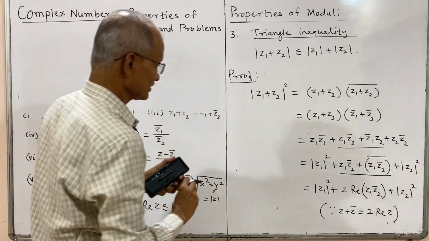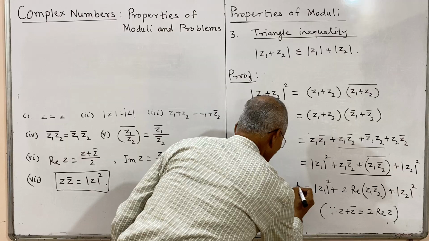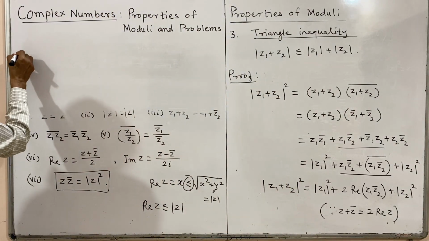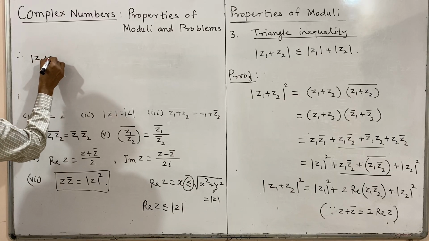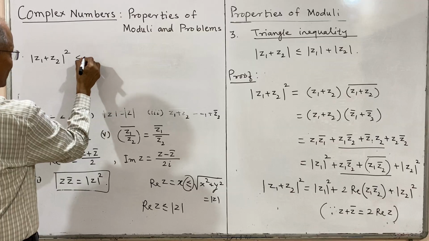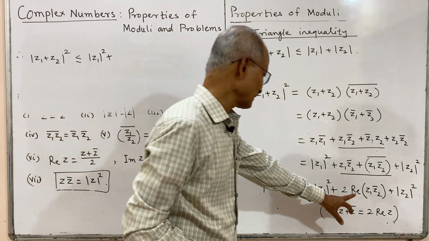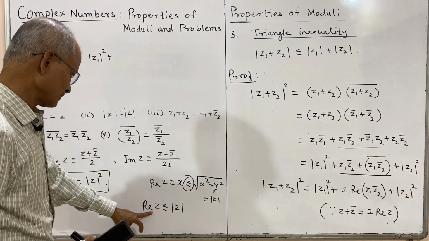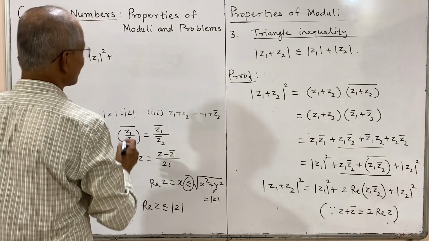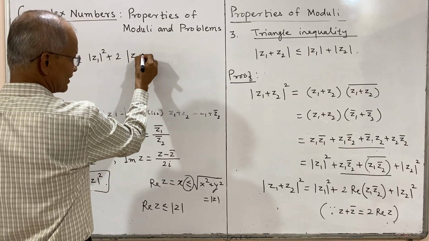See, this is the mod of z1 plus z2 whole square, and therefore the mod of z1 plus z2 whole square will now be less than or equal to mod z1 square plus, and here we are replacing 2 times real z by 2 times mod z, meaning the real part of z1 z2 bar is replaced by 2 times the mod of z1 z2 bar.